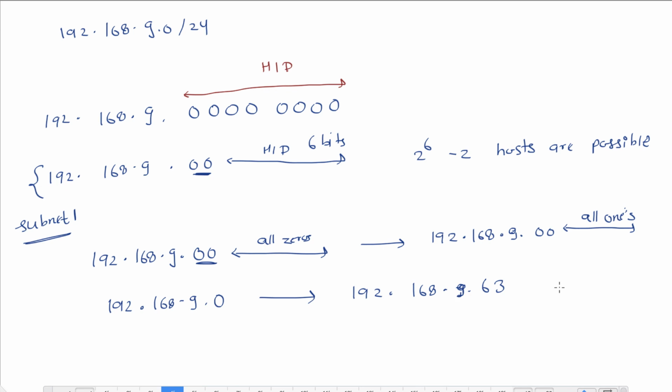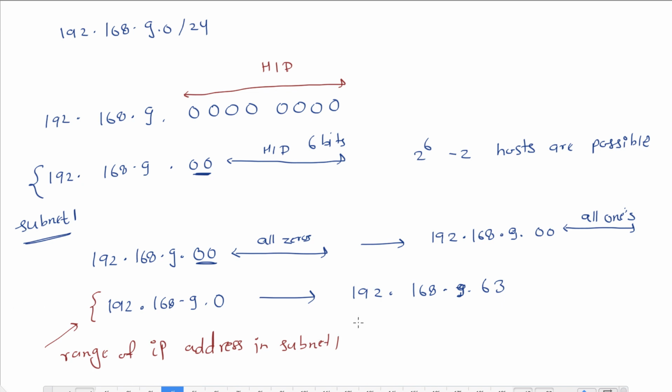If you put all ones, it will be 63. So this is the range of IP addresses in subnet 1. I hope you got the idea.